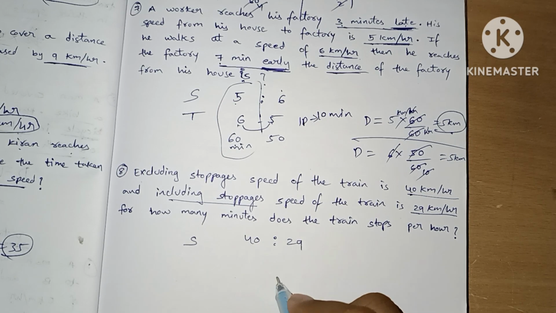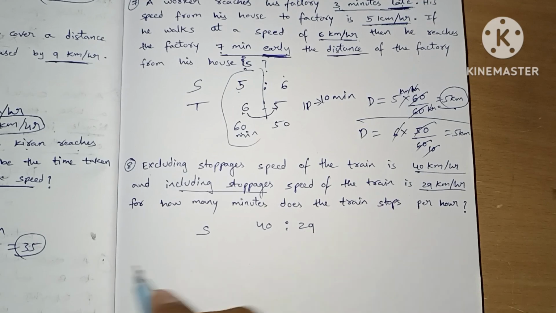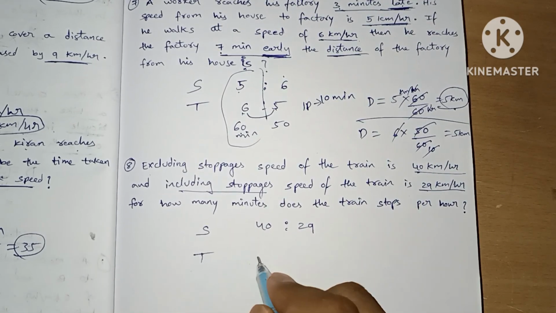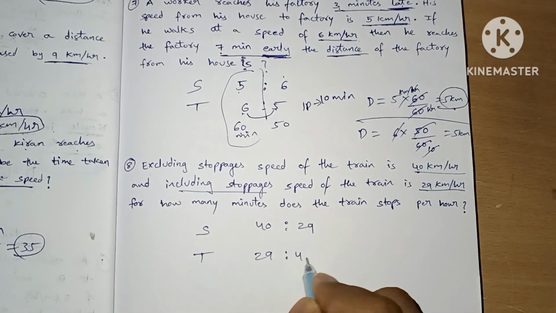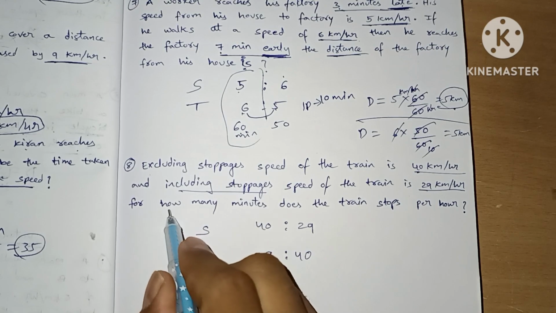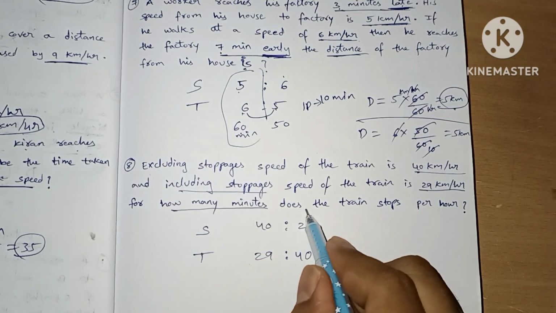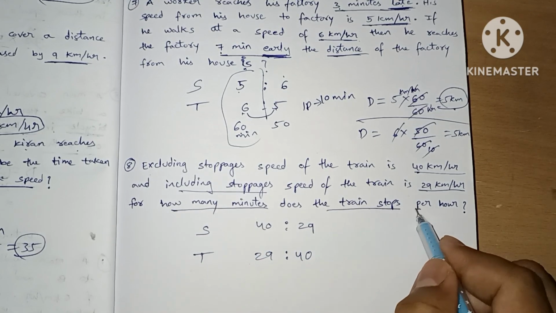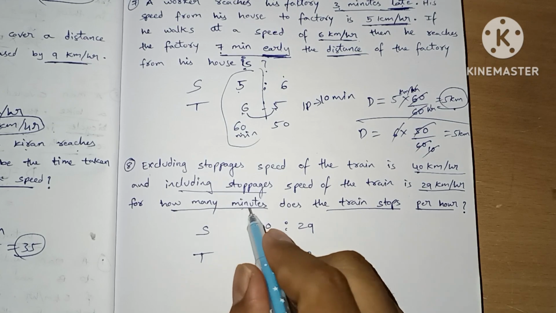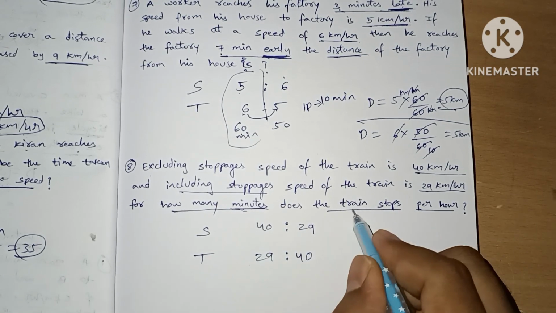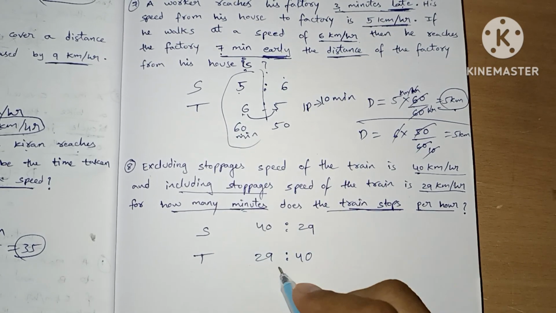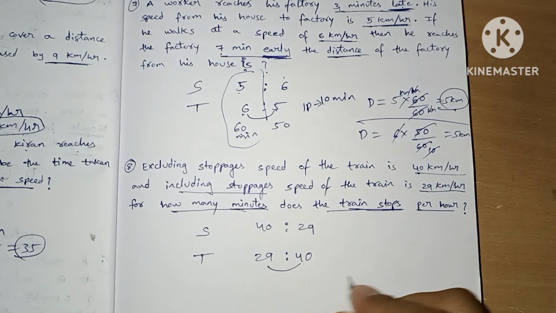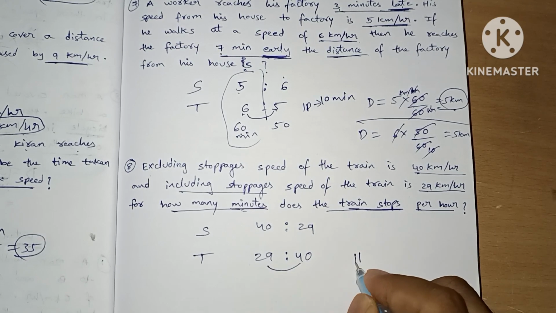These are the two speeds we have. So the time ratio will be inversely proportional, which means 29 is to 40. The question asked is, how many minutes does the train stop per hour?